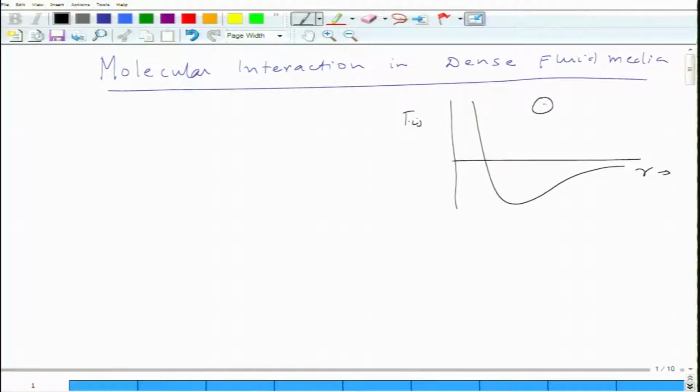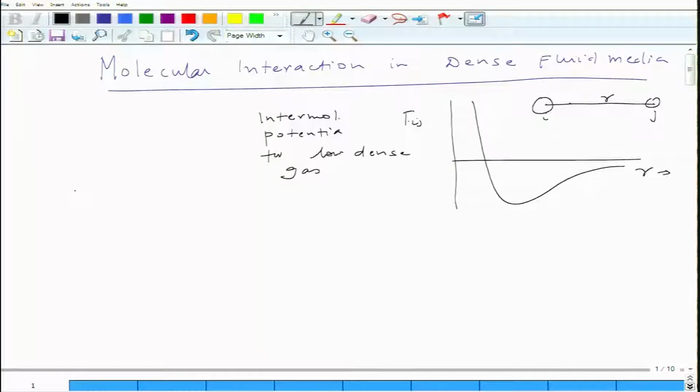When you bring particle i and particle j from very far, at distance r, where r can vary from infinity to somewhere near the molecular size, this is a typical intermolecular potential for a low density gas. For a low density gas system, when you bring the two particles close enough, they typically do not experience other molecules present in the system because they are extremely far apart, owing to the extremely large volume.